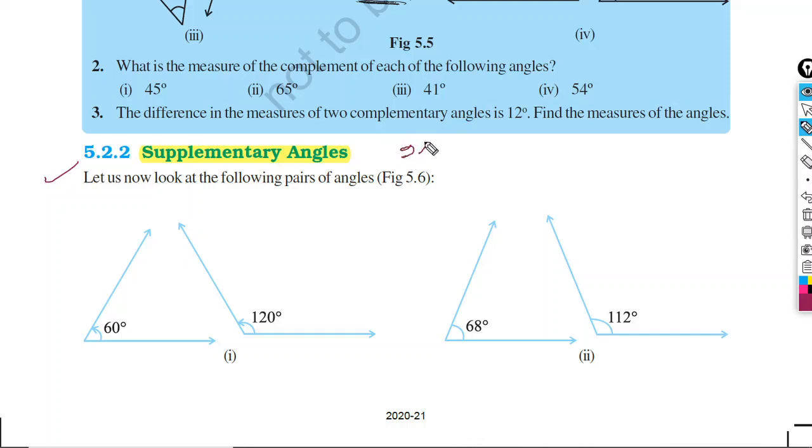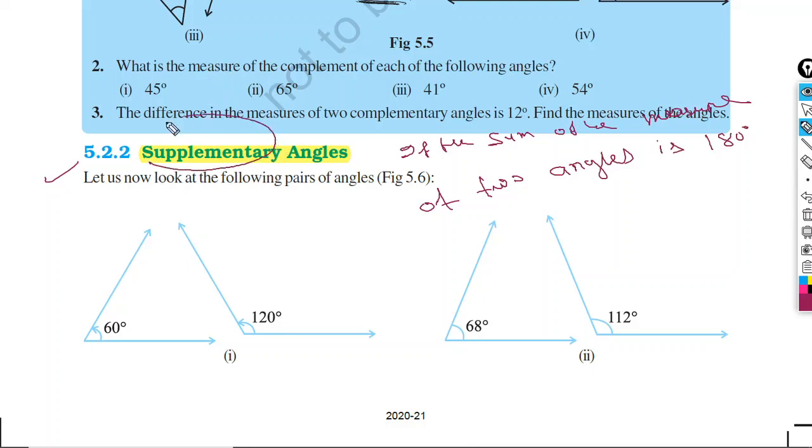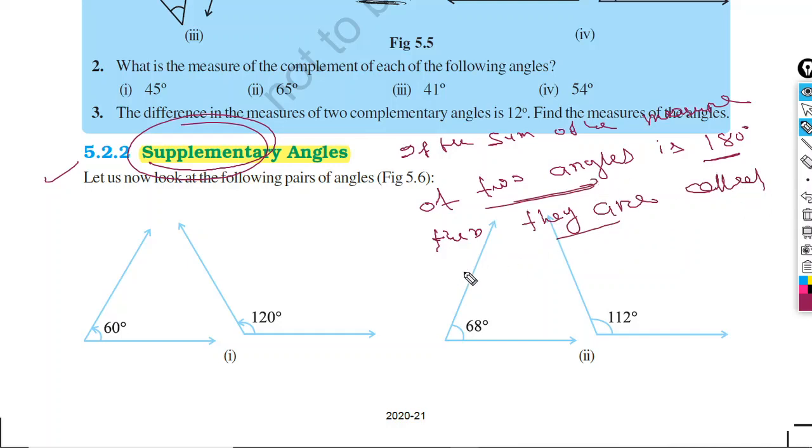You can write: if the sum of the measure of two angles is 180 degrees. In the case of complementary, that is 90, but in the case of supplementary, the angle sum must be 180 degrees. Then two angles are called supplementary angles. You can write this. Now we'll see some examples.